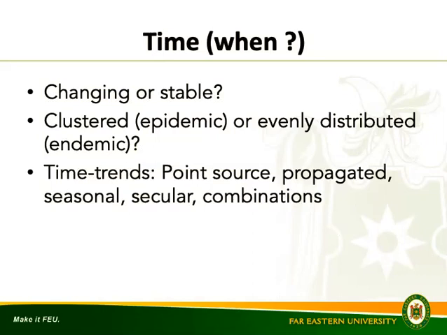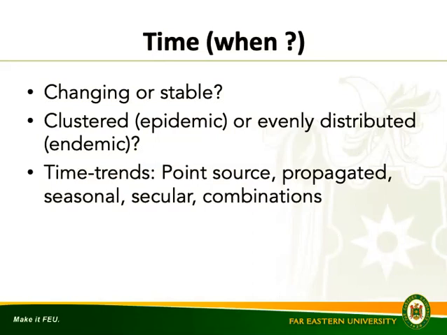So what is a short time fluctuation? A short time fluctuation is a change in disease frequency in a very short time, and it could be of two types. So what are these two types of short time fluctuations? These are number one, point source epidemic or common source epidemic.